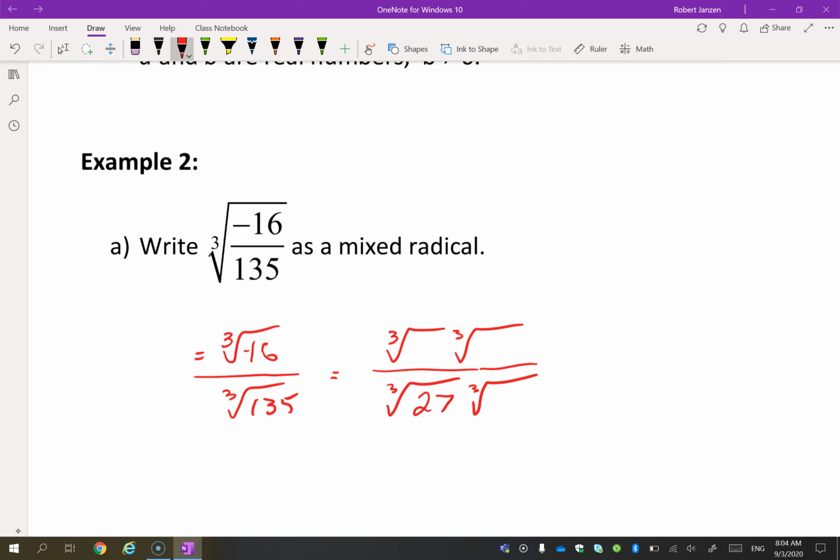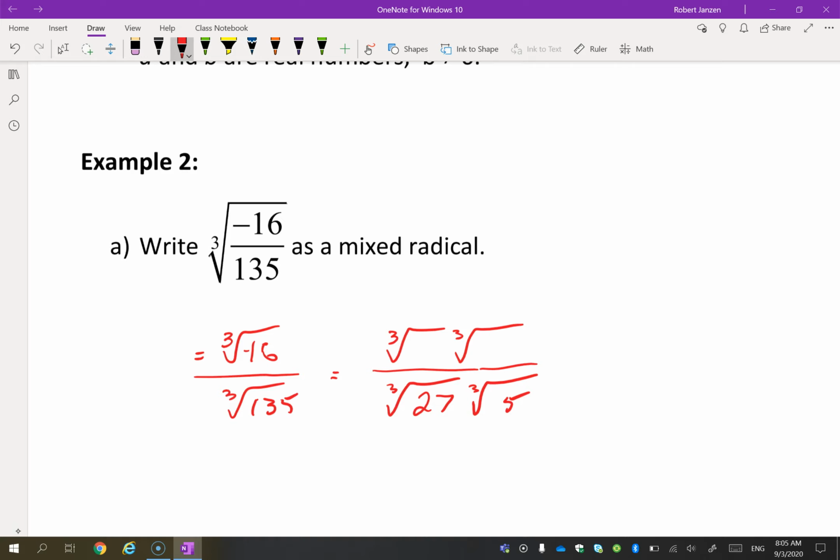And why do I know that? Well, my perfect cubes are 8, 27, and then right away the numbers get much bigger. This is the only one that even has a chance, because the other ones are even. So 27 goes in 5 times.